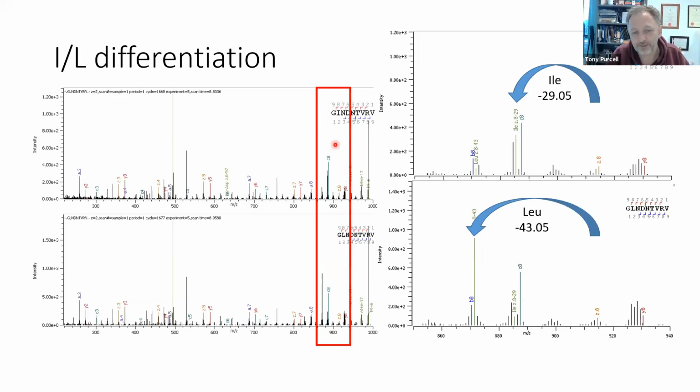But if you don't believe, like I do, that retention time prediction is that accurate, and here we're looking at a 2-minute difference or so, what you can see for these two peptides is that we can very easily see either the loss of 29.05 atomic mass units when isoleucine is present, and the corresponding loss of the other side chain fragment when leucine is present. And quite nicely, we can start to use this data, and hopefully we'll be able to use it in PEAKS very soon.